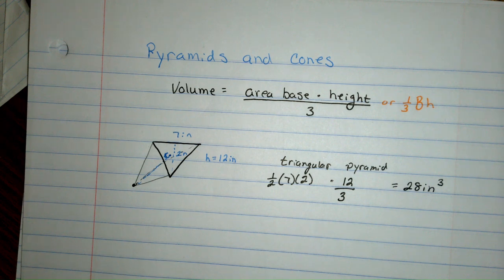So what happens when we put shapes together? Because honestly, making a video about just pyramids and cones is like, hey, you know that video about doing volume of prisms? Just do the exact same thing, just divide by 3, because that's really all you need to know. What if this right here were the shape of your grain bin or your water tower or whatever?